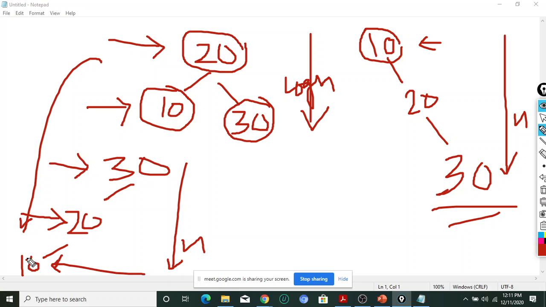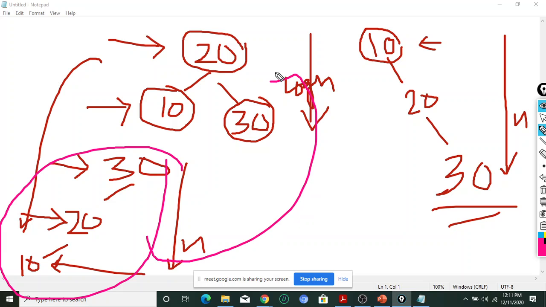So what can I do? I want to improve the binary search tree in such a way that we can reduce its searching time. If I convert this tree into this tree, then the number of comparisons will be less.